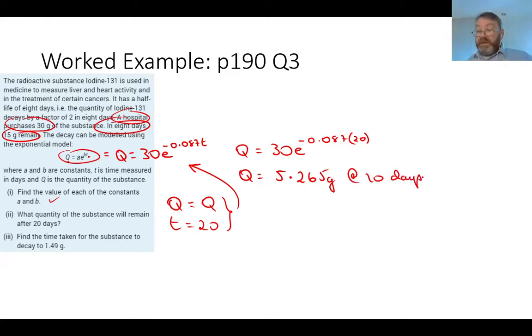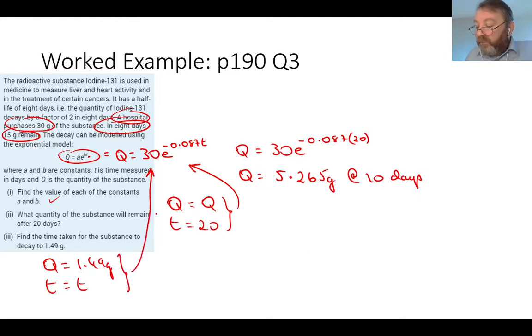Okay. Part 3. Find the time taken for the substance to decay to 1.49. What are they giving me here? They're telling me Q is 1.49 grams and they're asking me to work out the value of T. So again, I bring these two back to this formula and I get 1.49, that's Q, equals 30 times e to the minus 0.087t.